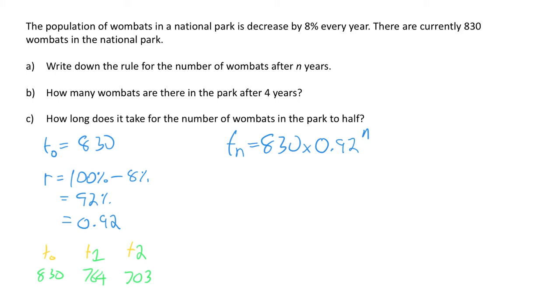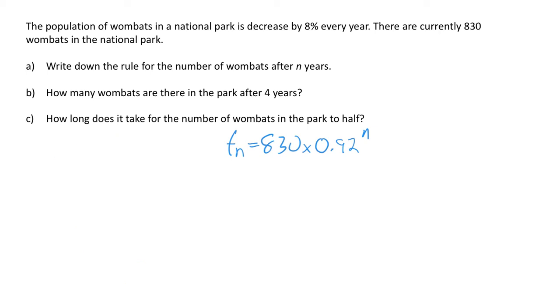So now that I have that rule, I can go ahead and look at part B and C of the example. So part B is asking how many wombats are going to be left in the park after 4 years. So what we're going to do is substitute n is equal to 4 into that equation. So T4 is equal to 830 times by 0.92 to the power of 4.